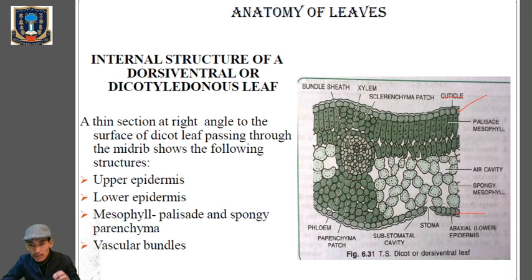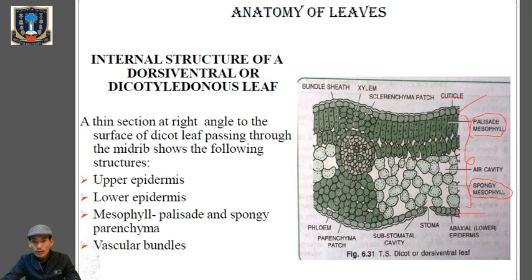Clear? Then we will see the presence of mesophyll cells. So between the upper epidermis and the lower epidermis, we will see the presence of mesophyll cells. Clear? And mesophyll cells are divided into two types. First one is palisade mesophyll cell and second one is spongy mesophyll cell.